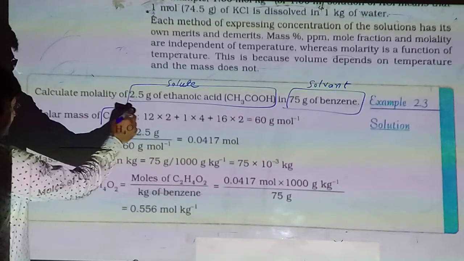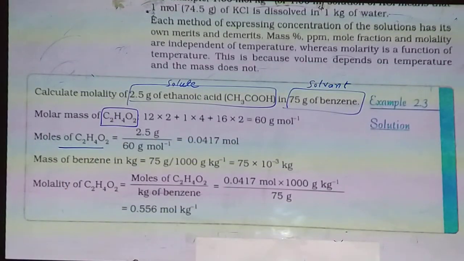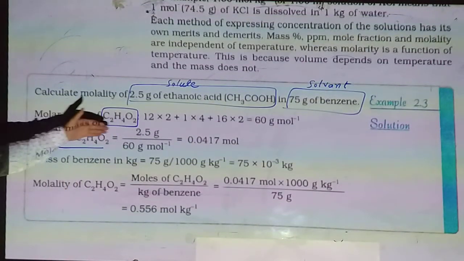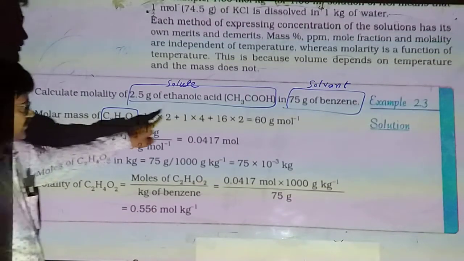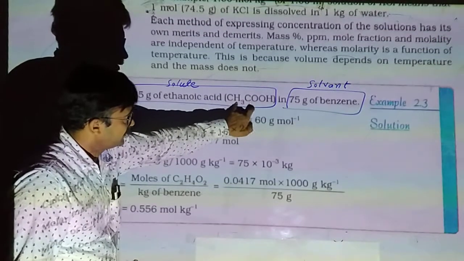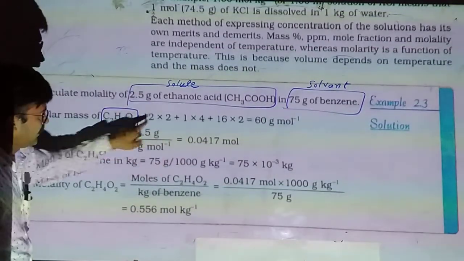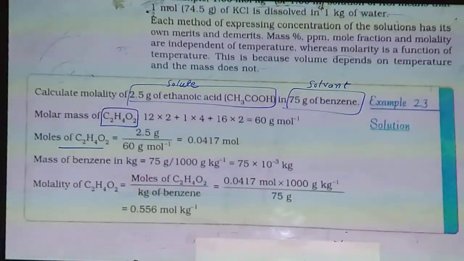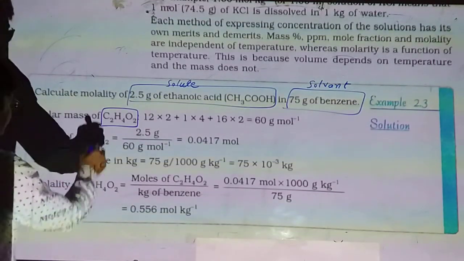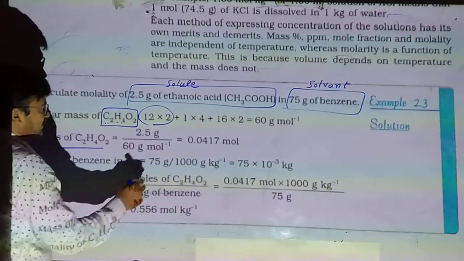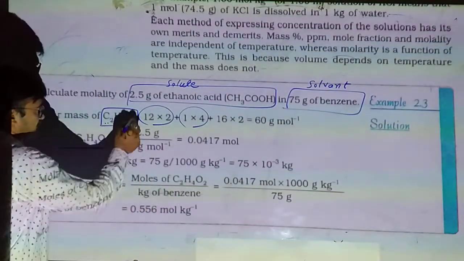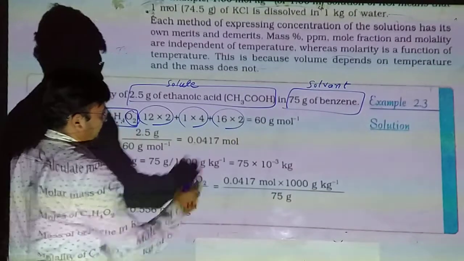Before that we have to derive molecular mass. Mole is defined as mass upon molecular mass. So here C2, carbon 2, hydrogen 4 and oxygen 2. Molecular mass of ethanoic acid is 2 times carbon, 12 twos are 24, 4 times hydrogen, 4 ones are 4, 16 twos are 32.